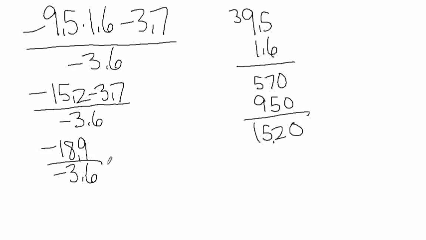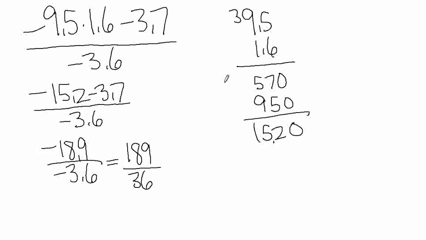We can drop the negative signs. Also, before we do the long division, we can multiply the top and bottom by 10. So so far the expression is equal to 189 over 36.